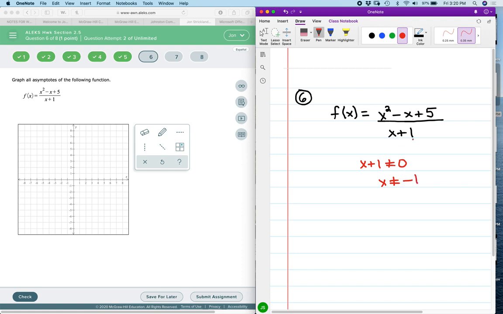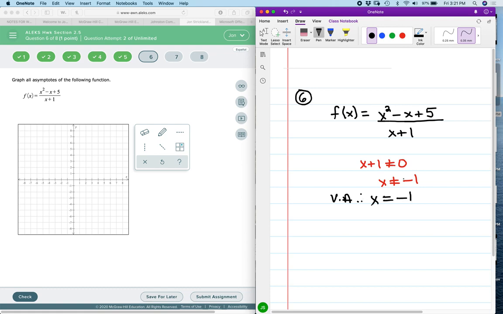And since x plus 1, which gives the zero at negative 1, is not a factor of the numerator, x squared minus x plus 5, this exclusion from the domain is the vertical asymptote. So we have the vertical asymptote at x equal to negative 1.